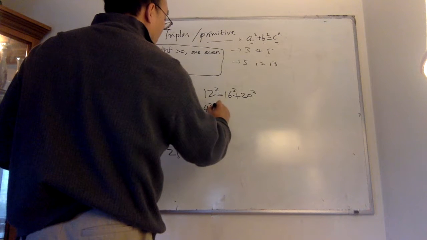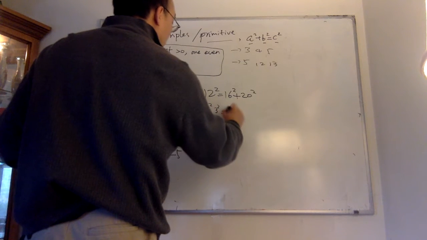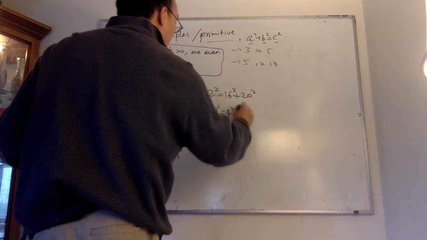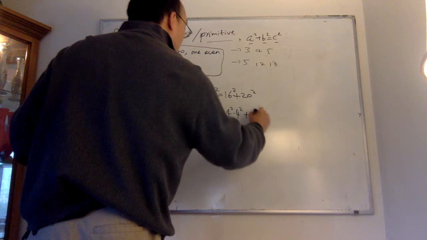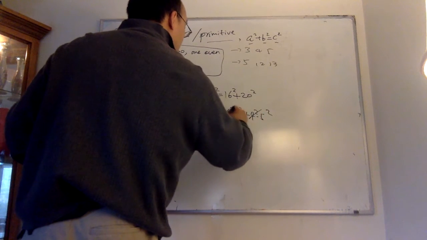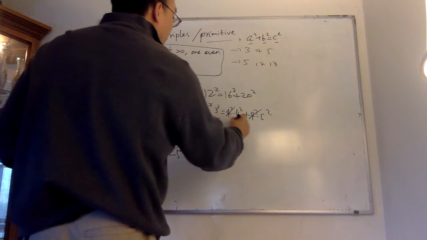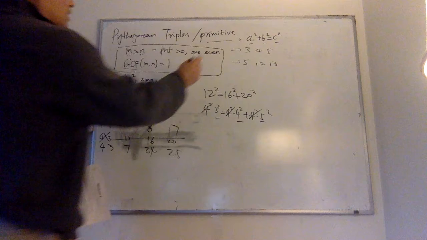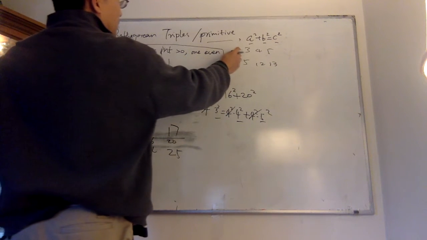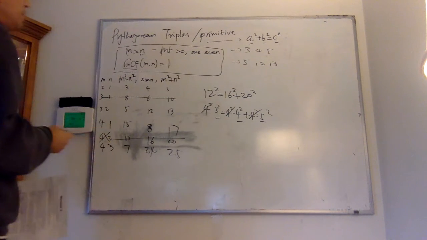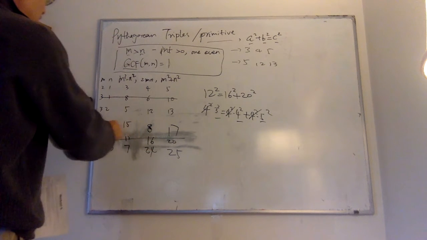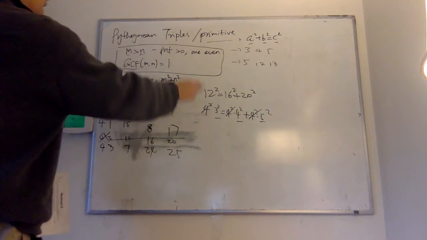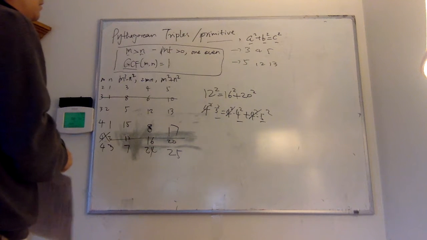So this becomes 4 squared times 3 squared plus 4 squared times 4 squared equals 4 squared times 5 squared. Cancel out 4 squared, you get 3, 4, 5. This goes back to one of the previous primitive Pythagorean triples. So we don't consider this kind of case here because they can be reproduced by another primitive Pythagorean triple.